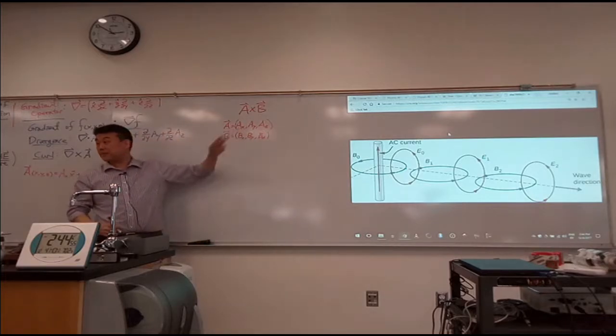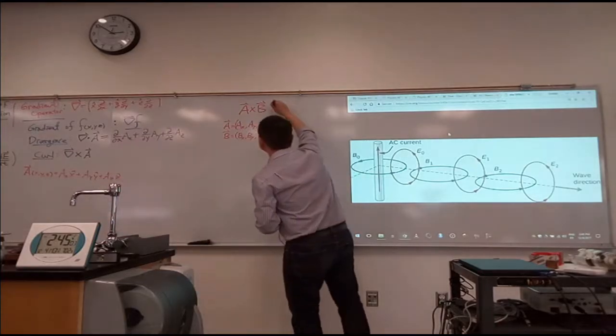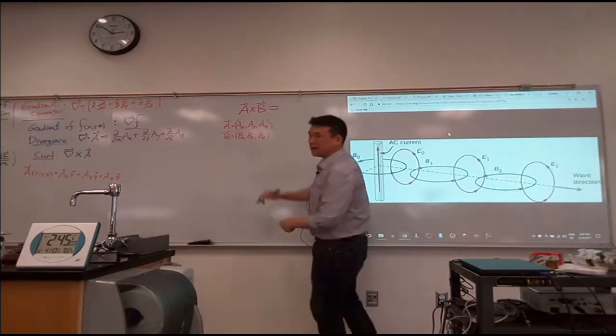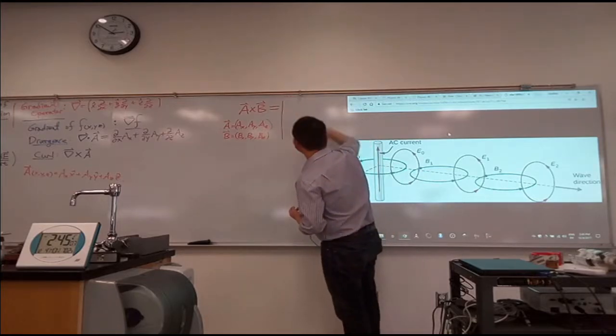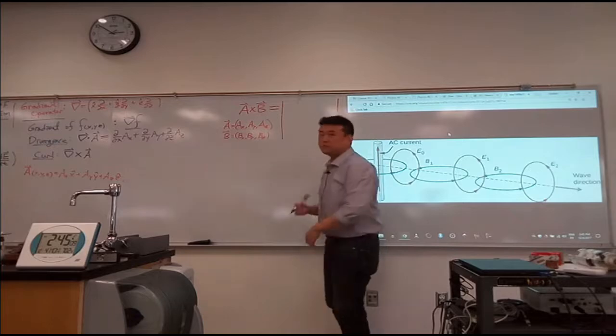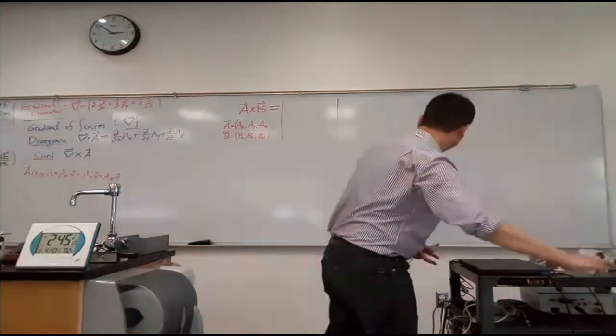And this A cross B can be represented this way. The quickest way to write down the component representation is to say this is equal to a kind of fake determinant, the determinant of this made up 3 by 3 matrix that looks kind of odd.